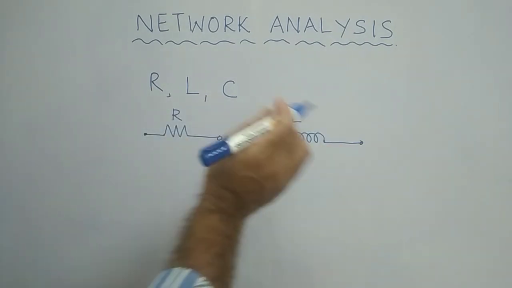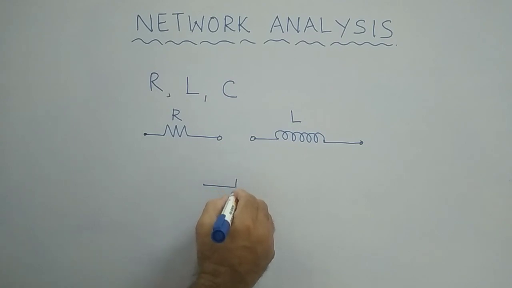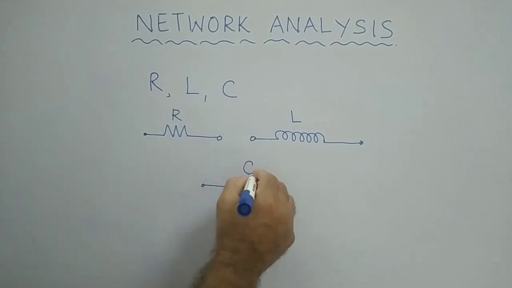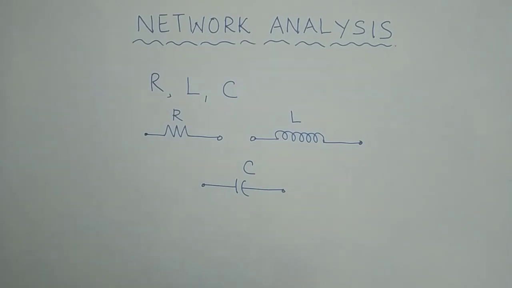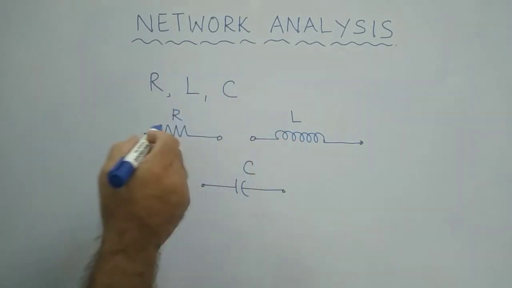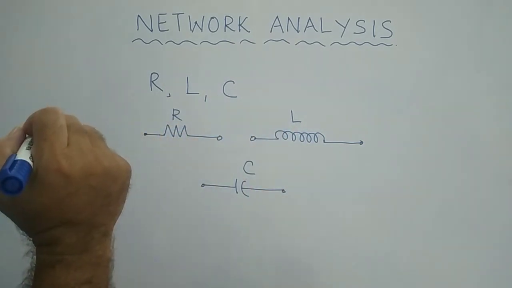This is the inductance, whereas the capacitance is something like this. These are the primary basic electrical elements: resistance, inductance and capacitance, right?